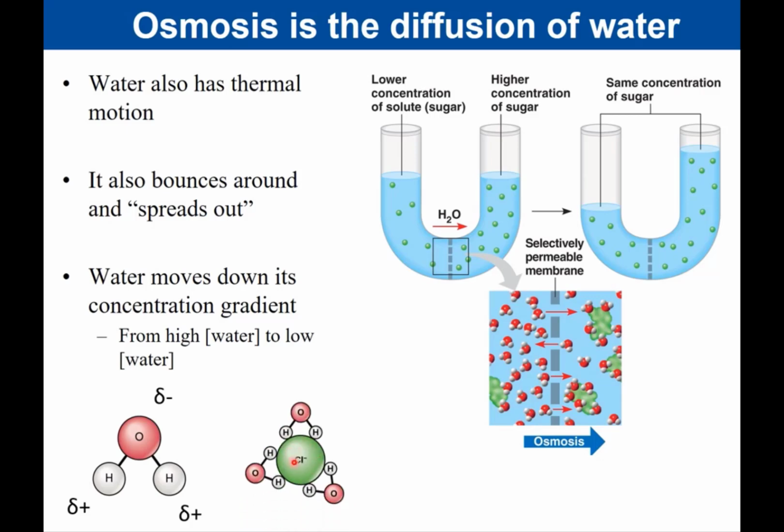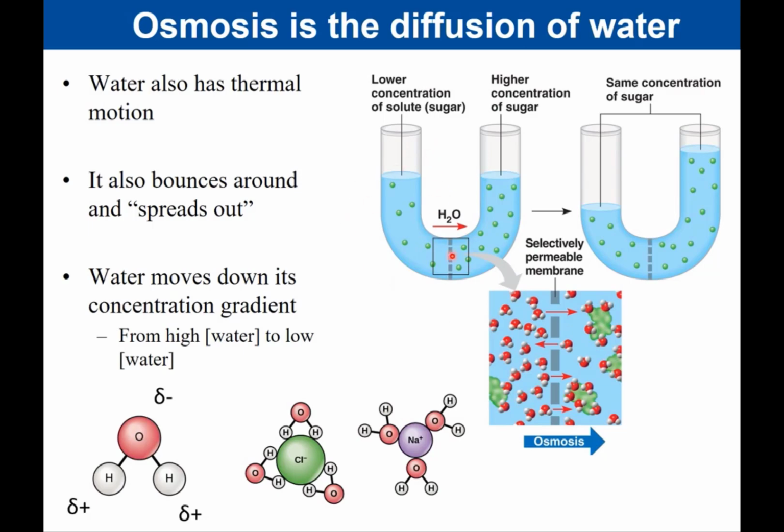So the negatively charged chloride ion is going to be attracted to the partial positive hydrogens, and we get these hydration shells. Sodium, on the other hand, has a positive charge and it's going to interact with that partially negative oxygen. The reason that salt dissolves in water is because the water molecules interact with the sodium and the chloride and separate them from each other.